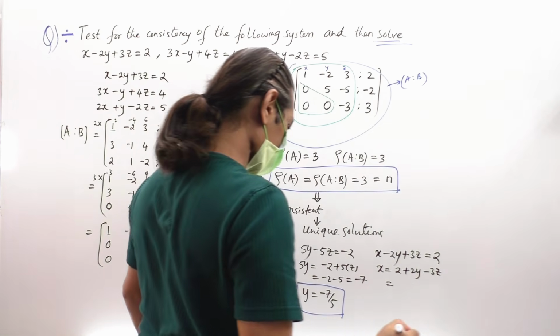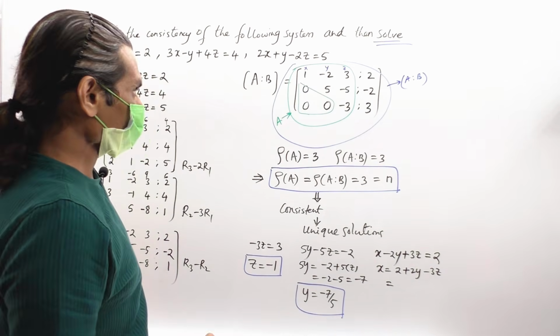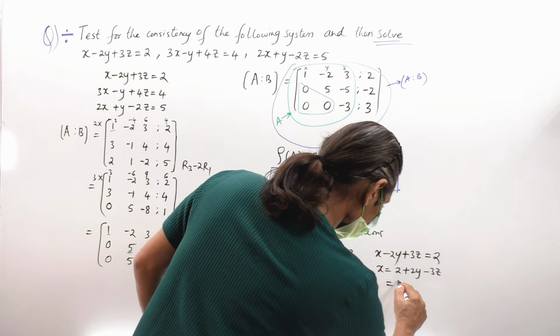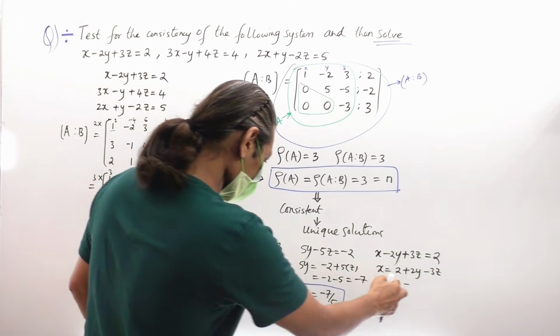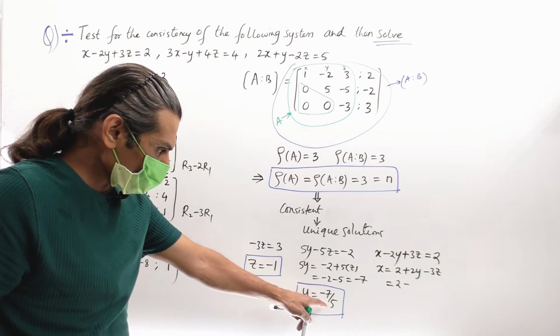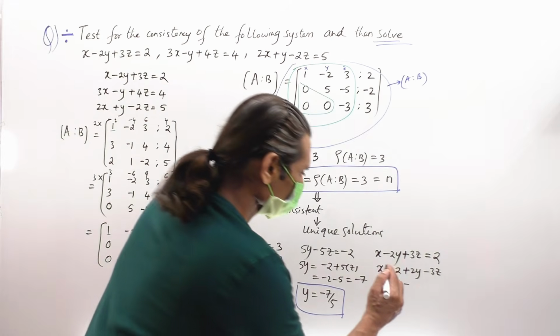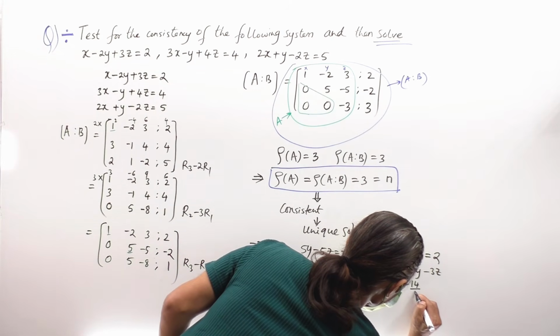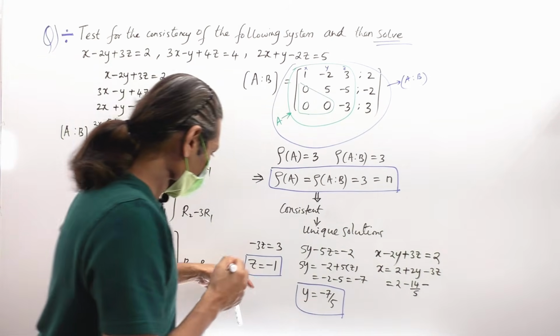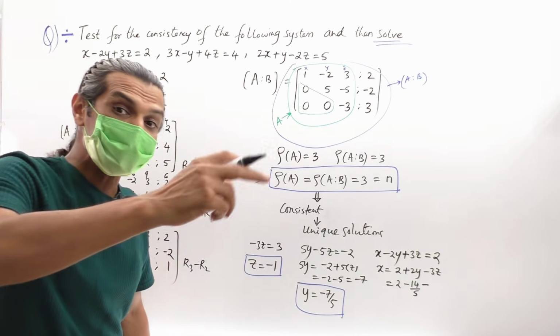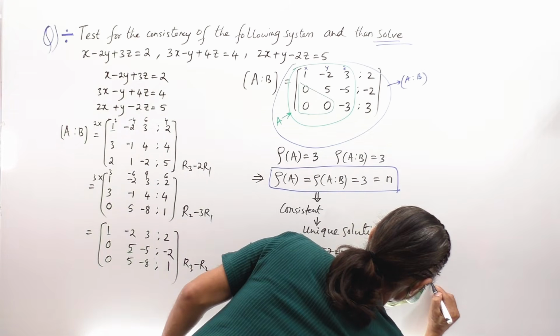That is 2 plus 2 into y. Y is minus 7 by 5, so 2 into minus 7 by 5 is minus 14 by 5, and minus 3 into z, z is minus 1, so minus 3 into minus 1 is plus 3.